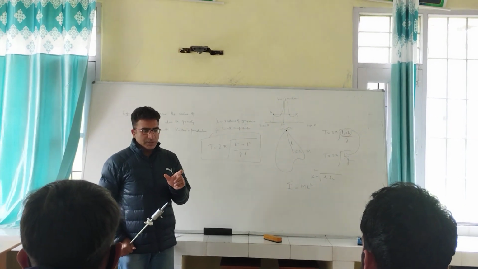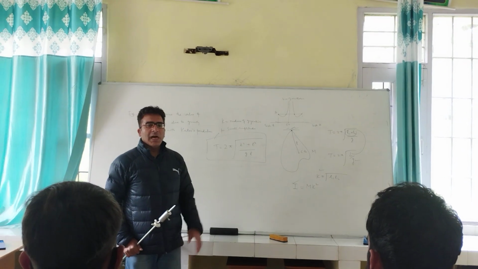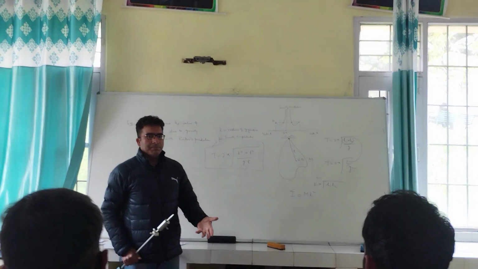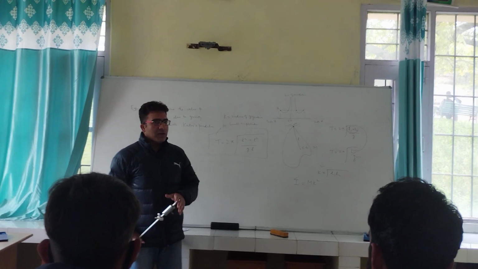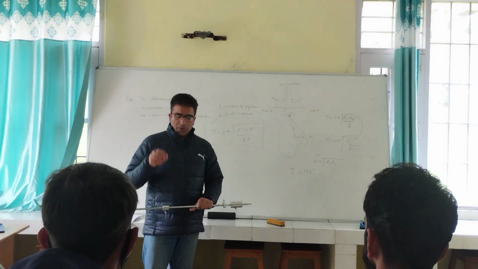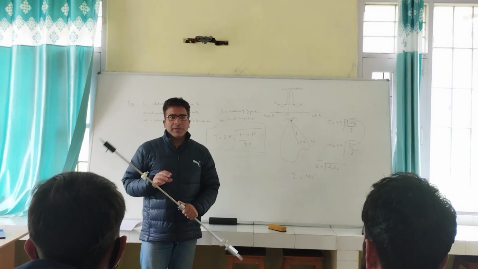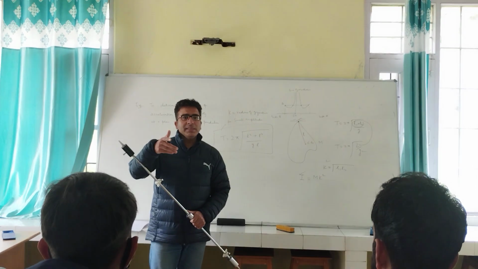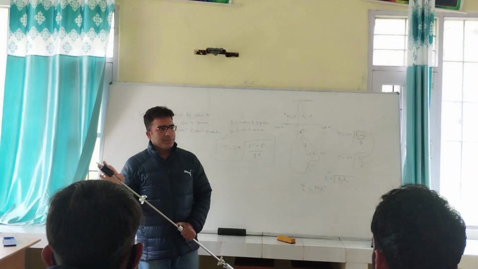The idea was, how to find the acceleration due to gravity using a compound pendulum without locating the center of gravity. So we don't need to locate the center of gravity in this situation of Kater's pendulum. That is its plus point.